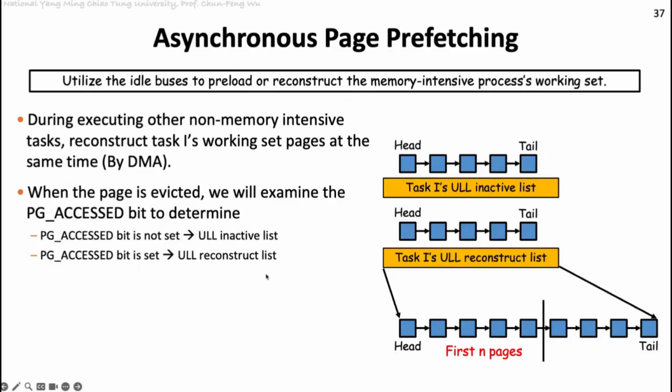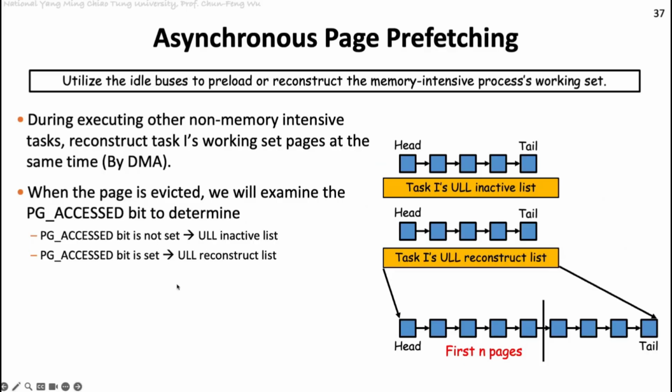Actually, we construct something called the reconstruct list, and the reconstruct list is very similar to the inactive list in current Linux. And we will record the access bit, whether a page is accessed or not. If one page is accessed, then its access bit will be set by the CPU.